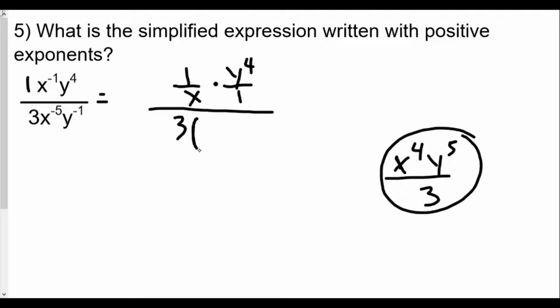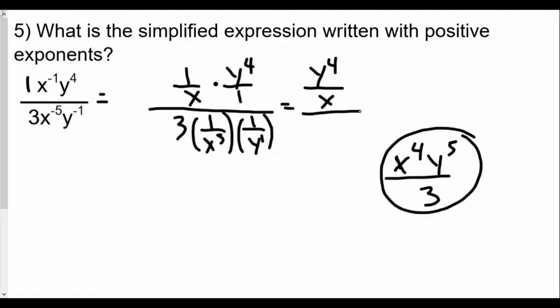X to the negative fifth is 1 over x to the positive fifth, because any number written to a negative exponent is really the same thing as 1 over that same number with a positive exponent. So y to the negative 1 is really 1 over y to the first power. So my numerator looks like y to the fourth over x. And my denominator looks like 3 over x to the fifth y.